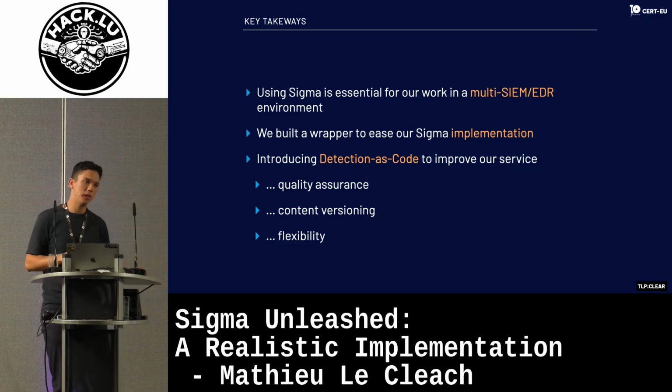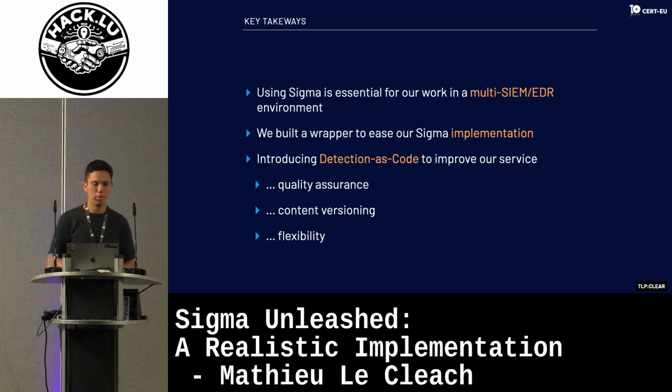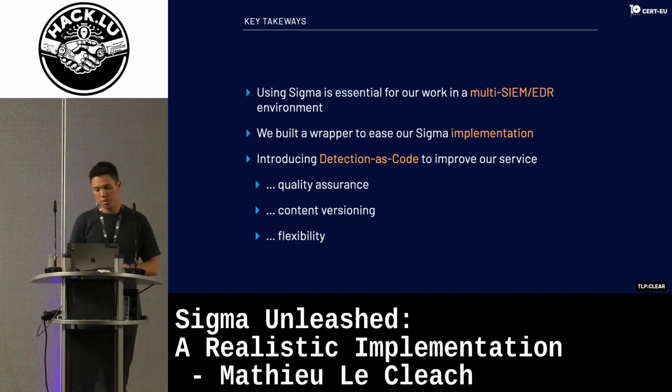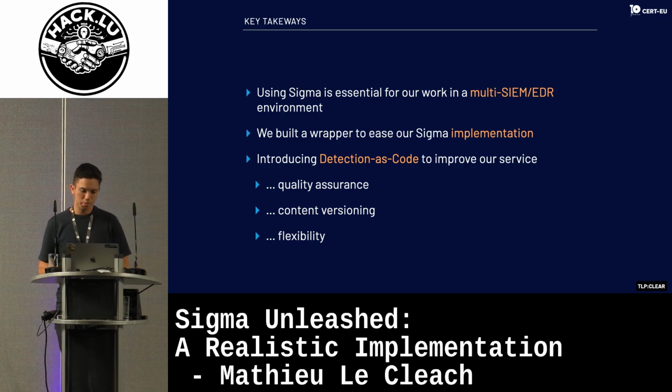So our detection logic remains, and if we need to change the SIEM or EDR, we just need to engineer the rule conversion per log sources, and that's it. Instead of spending 1 year changing 200 detection rules for the next query language.